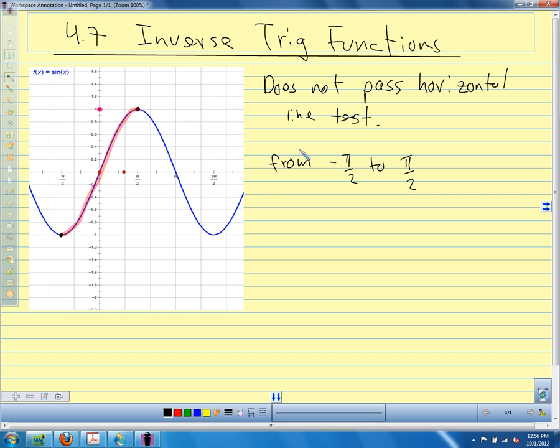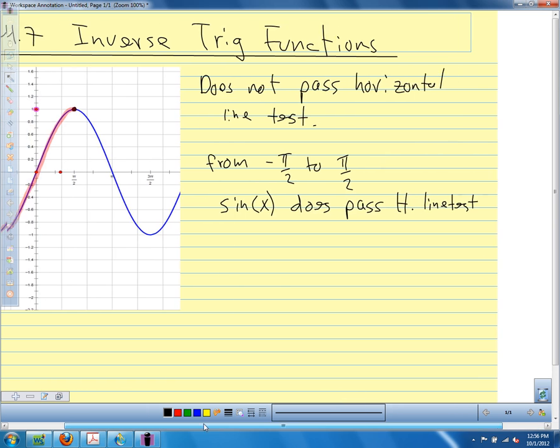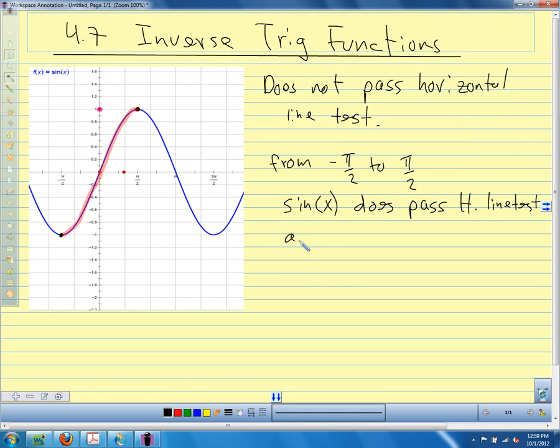So from negative pi over 2 to pi over 2, sine x does pass the horizontal line test, and it takes on all of its possible values.